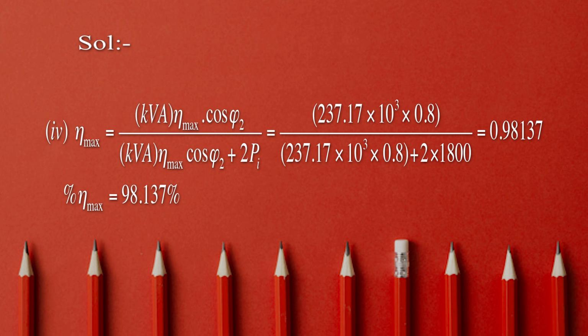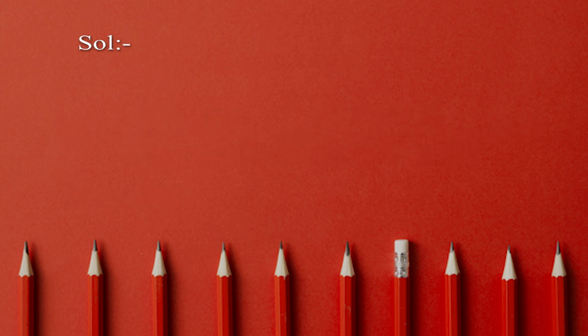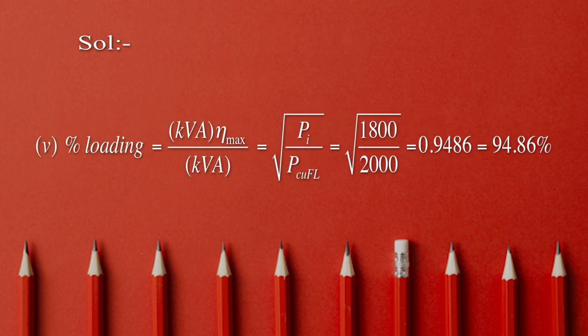So efficiency at maximum condition can be written as 237.17 multiplied by 10 to the power 3 multiplied by 0.8 upon 237.17 multiplied by 10 to the power 3 multiplied by 0.8 plus 2 into 1800. So it comes 0.98137. So maximum efficiency comes 98.137%.